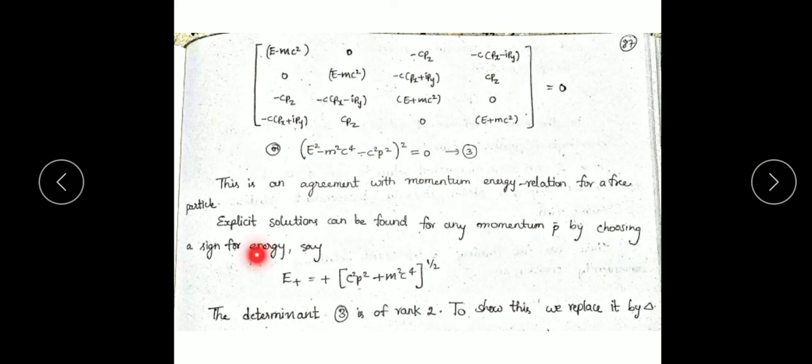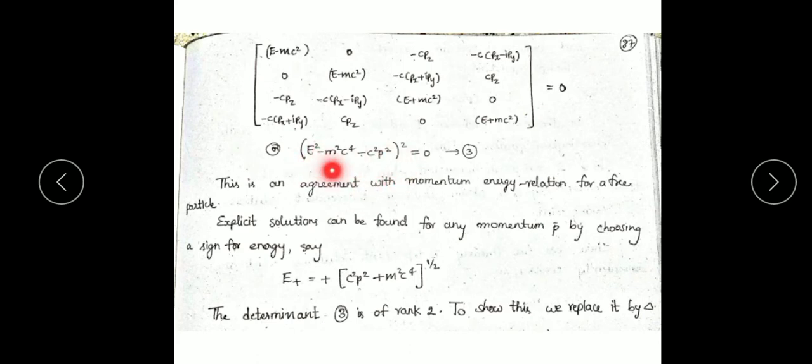Explicit solutions can be found for any momentum by using a sign for the energy. If you want to find different solutions, this one equals 0. What does it mean if (a − b) whole squared equals 0? That means (a − b)(a − b) equals 0, which is nothing but a equals b, twice.